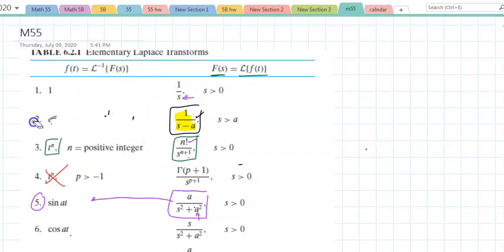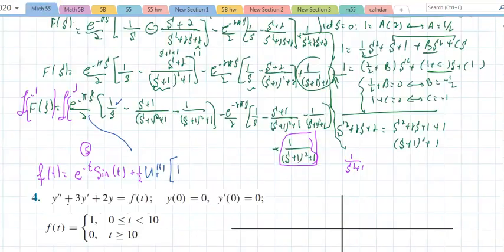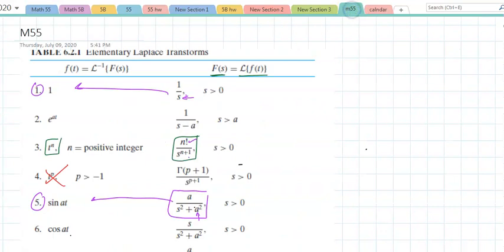This is all from last time. By property 1. So I'd like you to write 1 on top of that. This piece minus, if I take e to the negative t, that makes this really s over s squared plus 1. If I'm looking at s over s squared plus 1, I'm guessing that's 6.